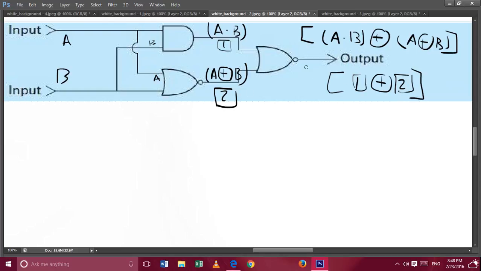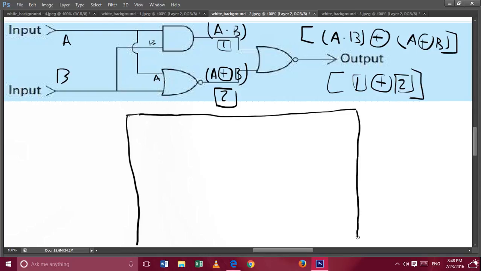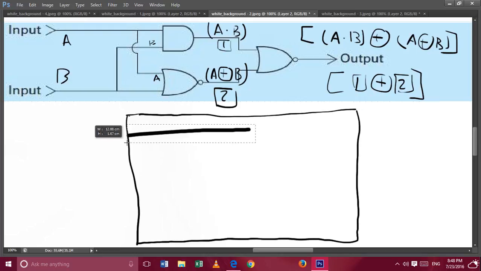So let's draw the table. Okay, so here's the table.